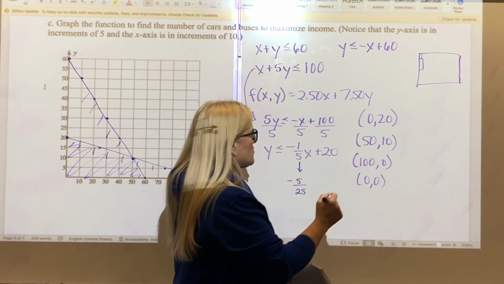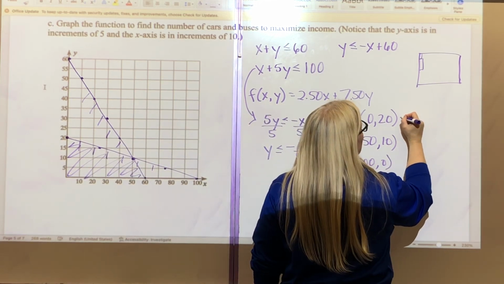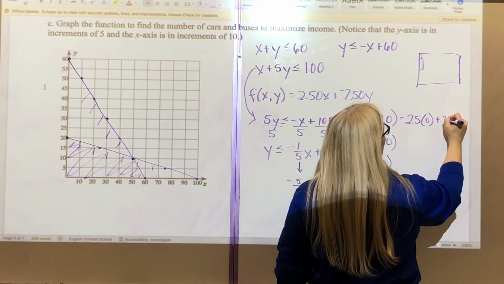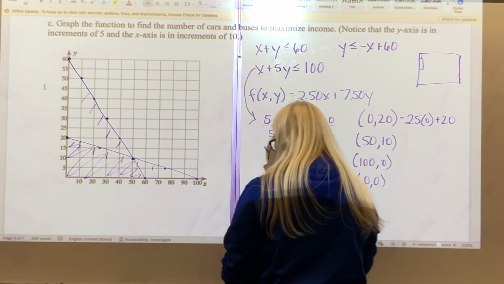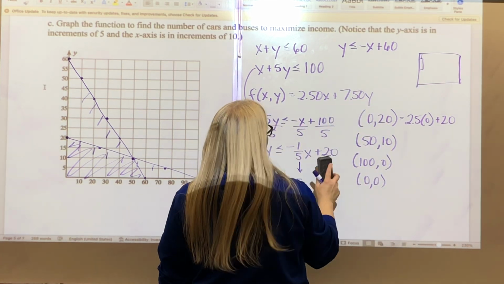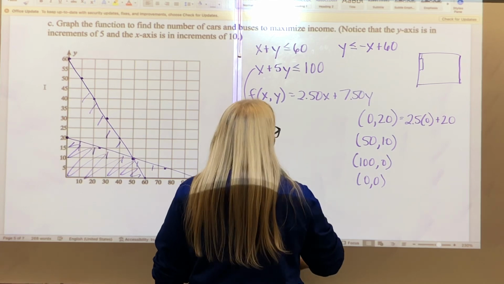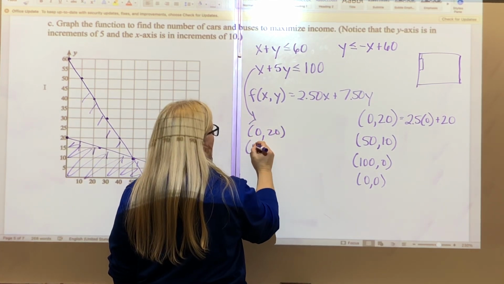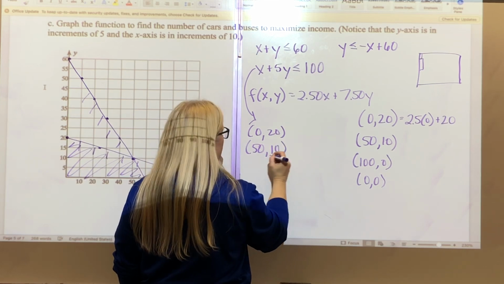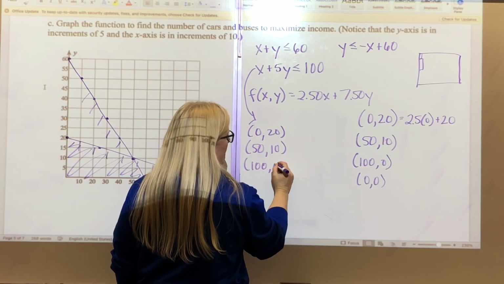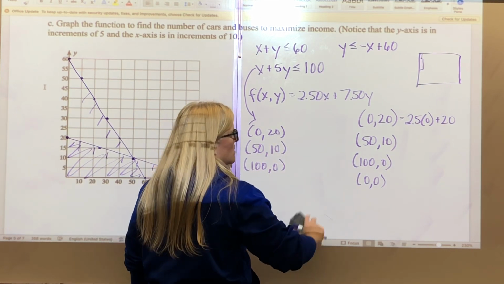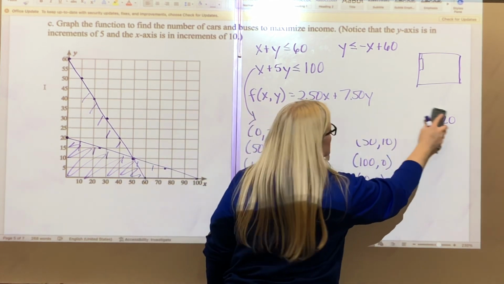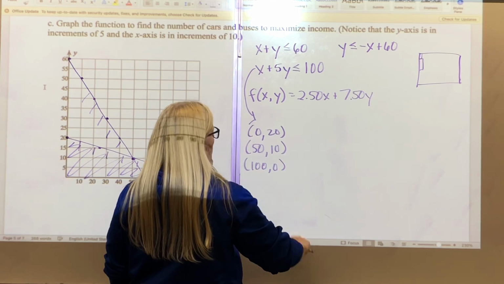Okay, I'm running out of space here. I'm going to rewrite this really quick down here. I'm not even going to do 0, 0. Well, yes I am, because we're maximizing. 0 is going to be the minimum, we know that.